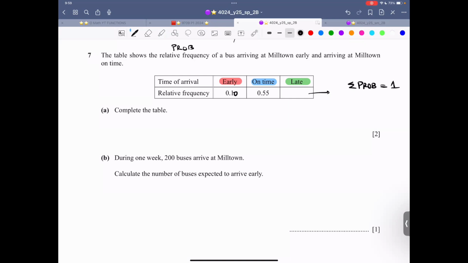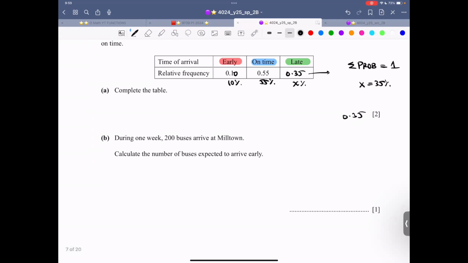This is 10%. This is 55%. And this is X%. So X comes out to be 35%, in decimals that's 0.35. Got the idea? Complete the table. So this is 0.35.